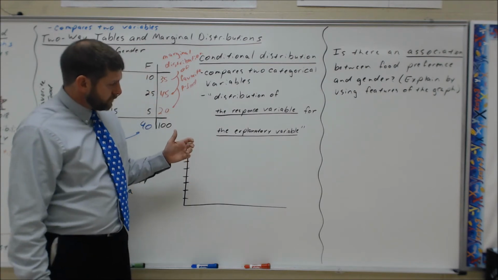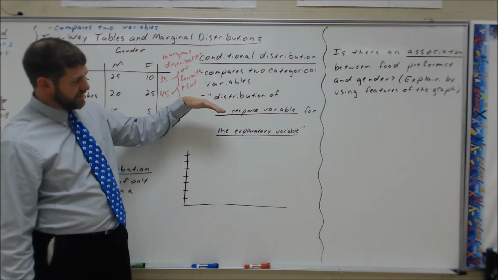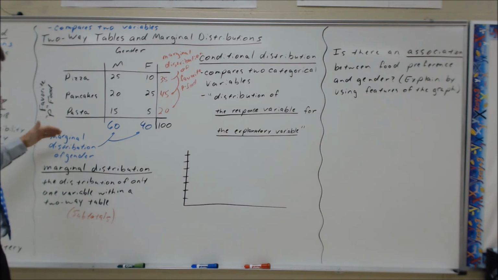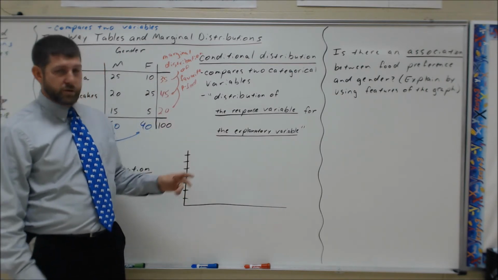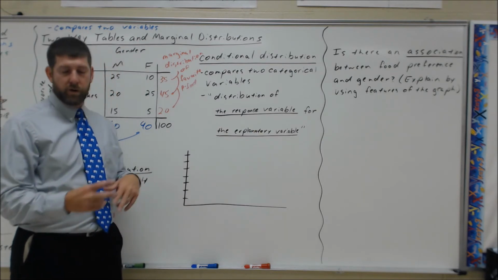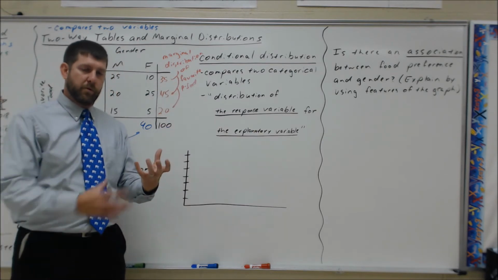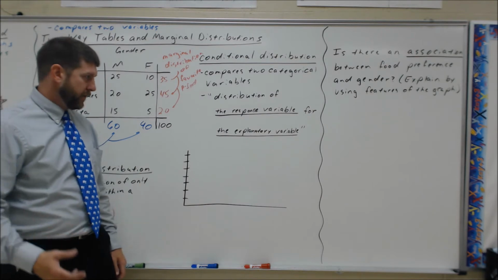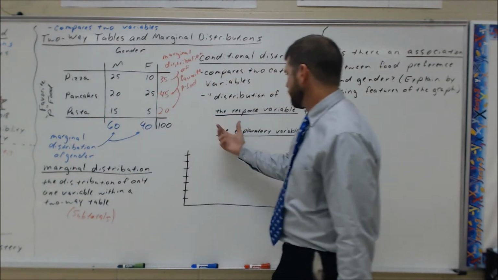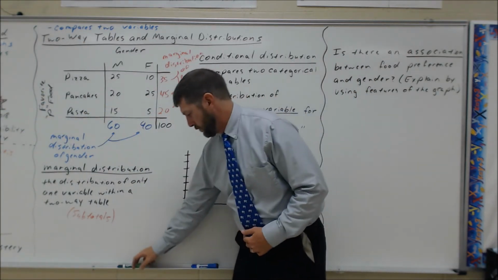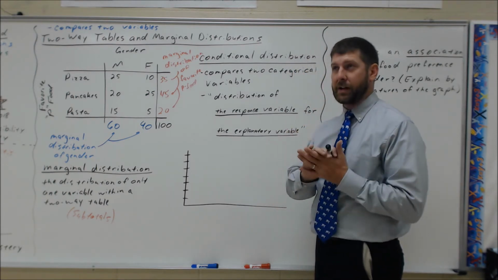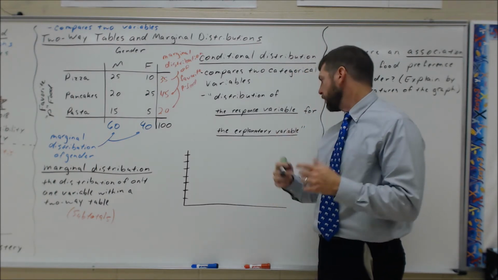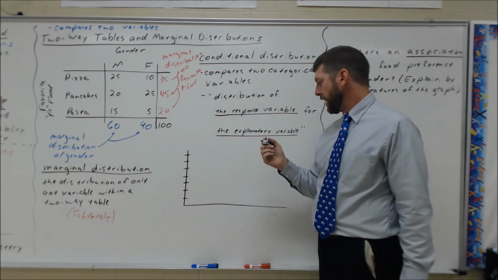So we would say the distribution of the response variable for the explanatory variable. One variable defined by the other variable. So what do we mean by response variable and explanatory variable? I like to think of it as cause and effect. This is not how we always think of it, but it helps to get comfortable with it.